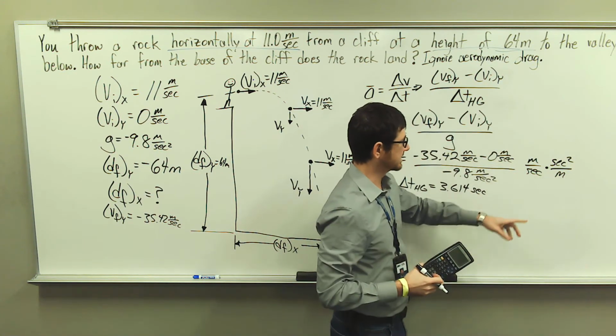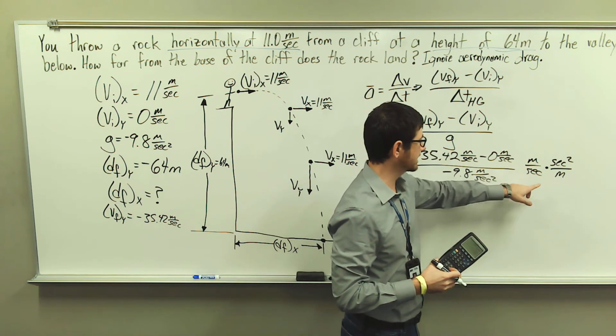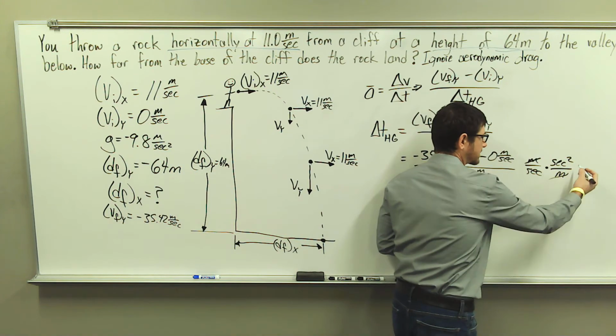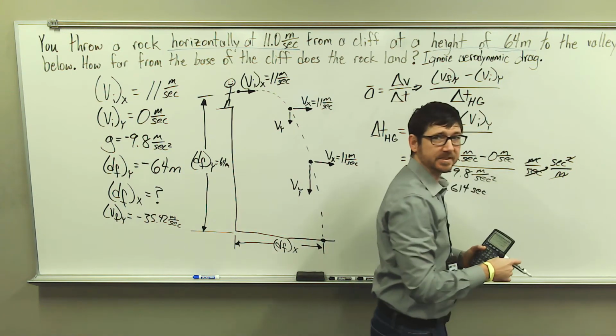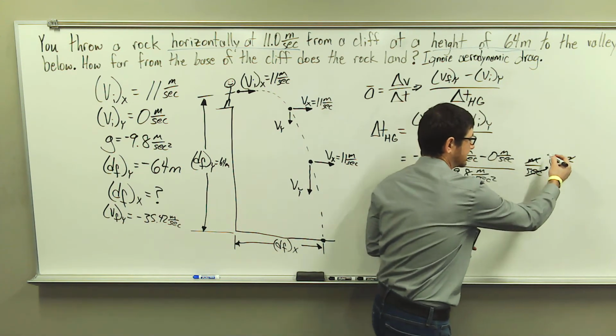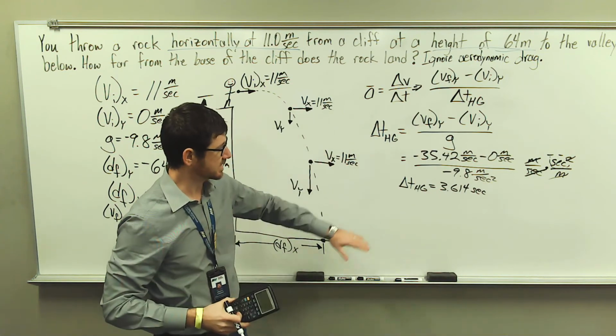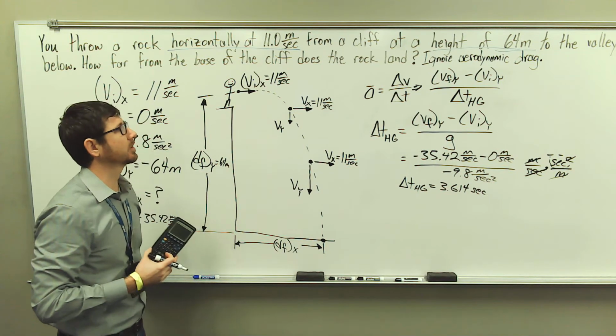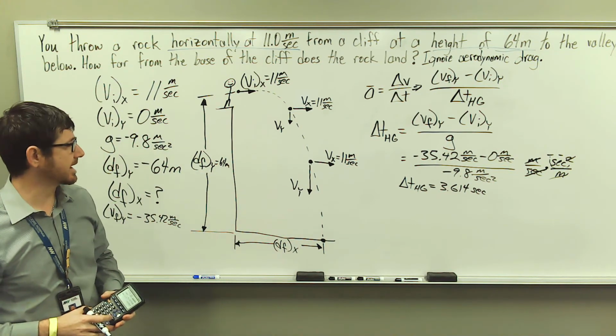Okay, so we can see here that the units of meters will cancel and one of our seconds will cancel. So meters are gone, one of the seconds are gone, and this leaves us with units of seconds. So 3.614 seconds.